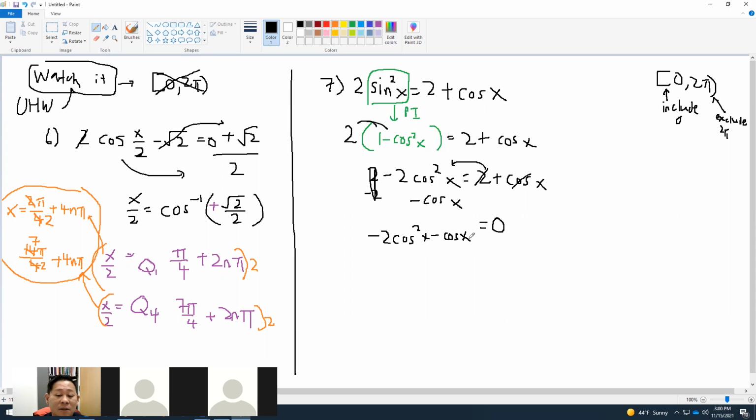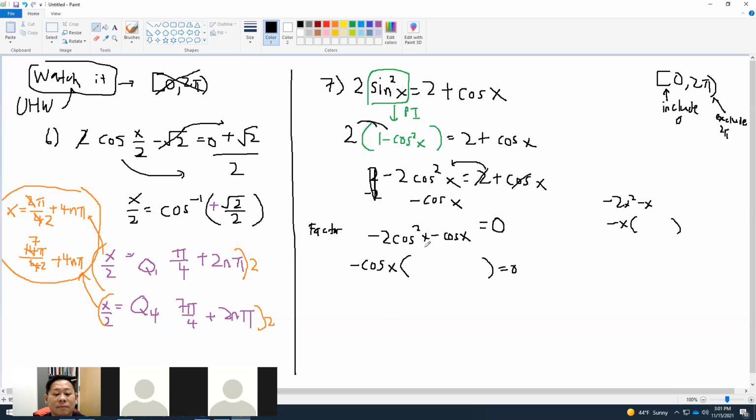Now, does anyone know how to factor this? Anyone know what's in common here? Can we factor out something in common here? This looks like negative 2x squared minus x. What can we factor out here? Negative cosine x.